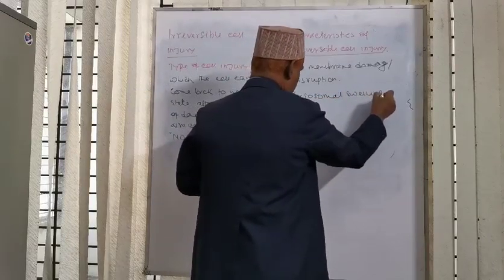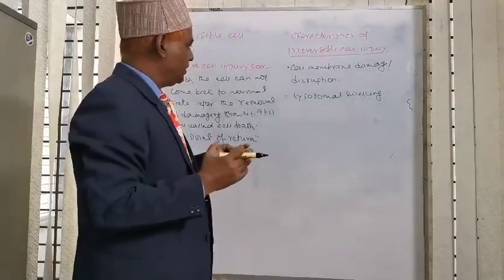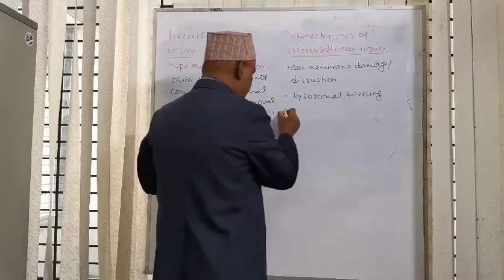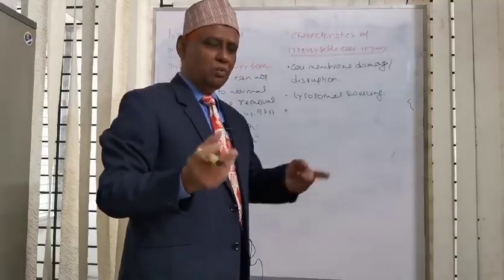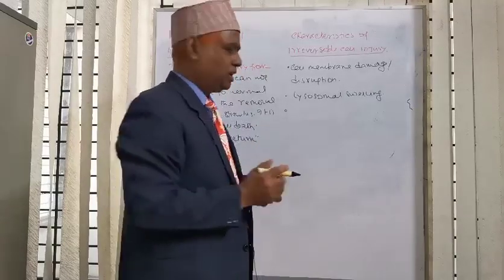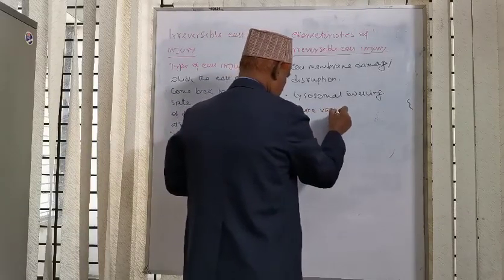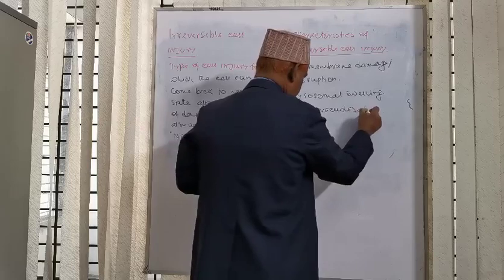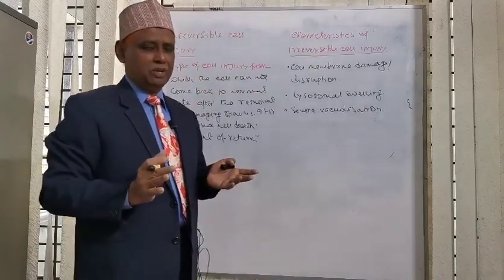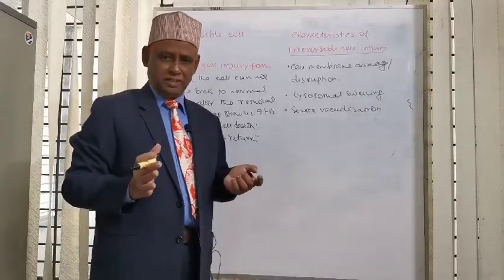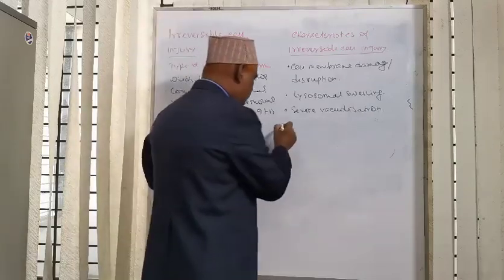You know, the lysosomal bag contains enzymes. These are called lysosomal enzymes. That bag undergoes swelling. Later on, you know, mitochondria is the powerhouse of the cell. Within the powerhouse, there is severe vacuolization. If there is severe vacuolization, the mitochondria become dysfunctional, and if the mitochondria become dysfunctional, the cell undergoes death.